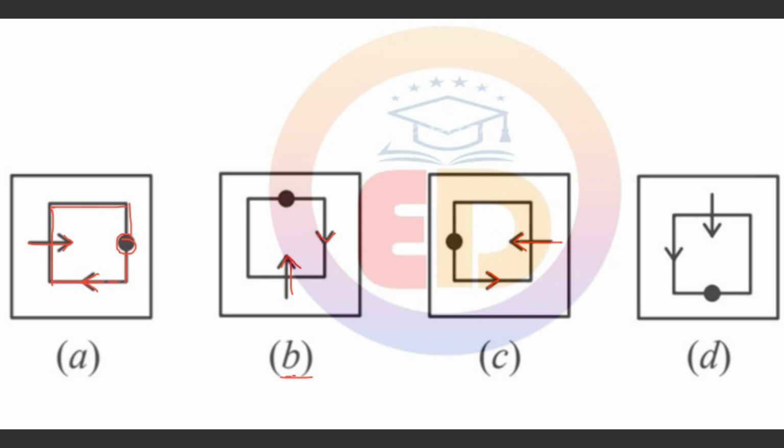However, if you look at option number D, both the arrows are pointing towards the south direction. They both are in the same direction. So that is our odd one out figure or a different figure, and that is our answer here. Fourth option, option number D.